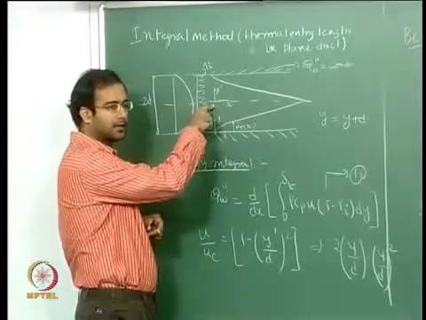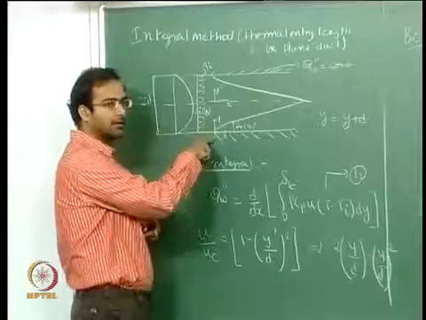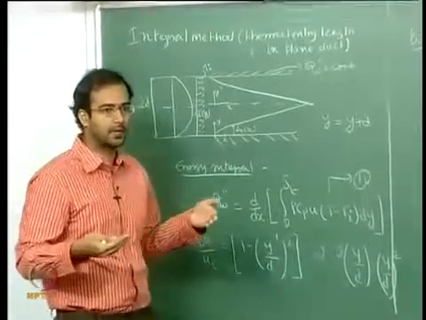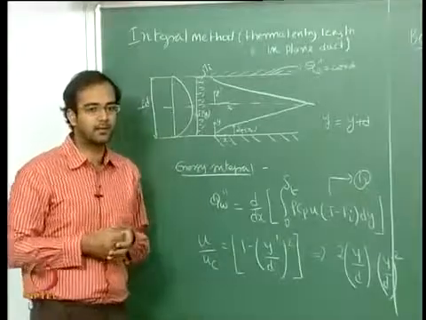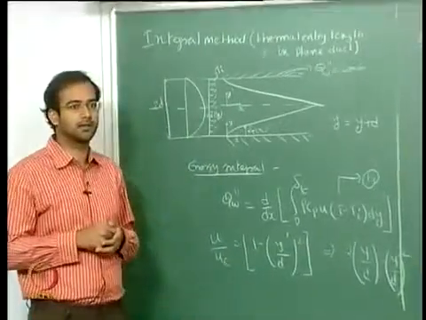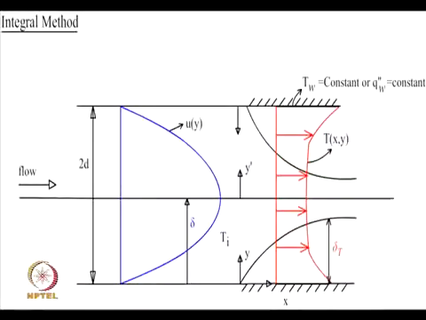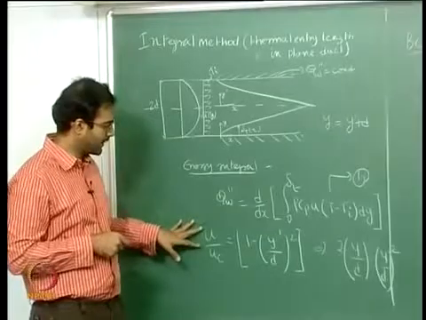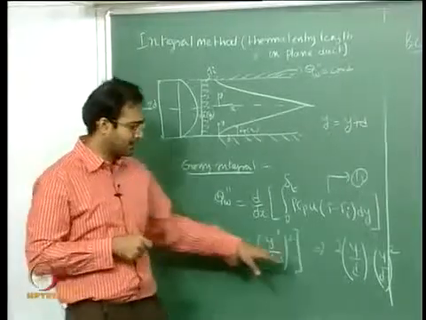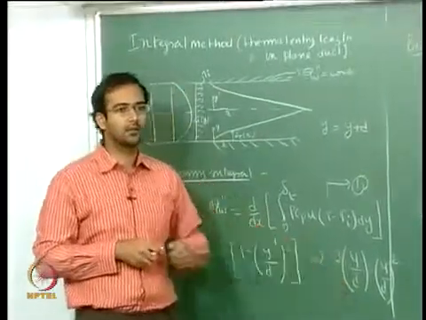Okay, so that we have to transform to a coordinate system which is starting from the plate, because the integral method is basically integrated from the plate till the edge of the boundary layer. So that's where we transform the coordinates, and then this is the velocity profile in the transformed coordinate.